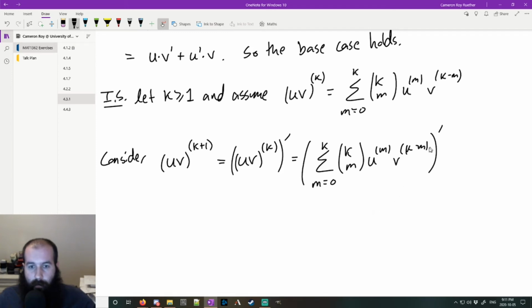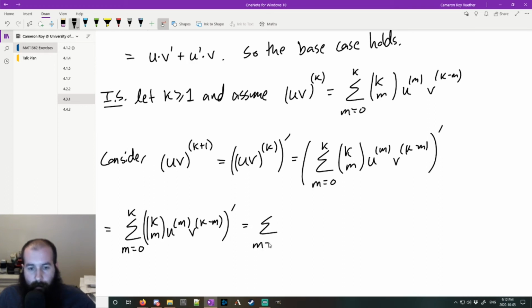So we can distribute this prime across this large summation and get the following, where we're only taking the prime of the terms individually instead of the whole sum. We also know that scalars come out, and k choose m is just a constant number. So we can do this.